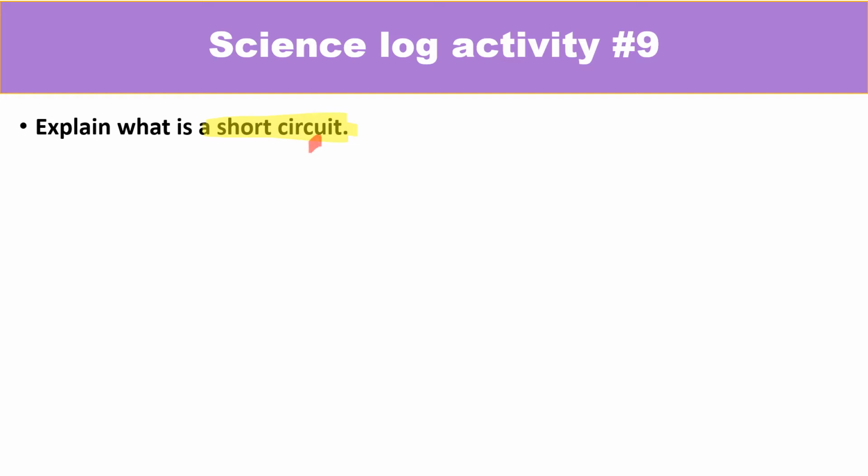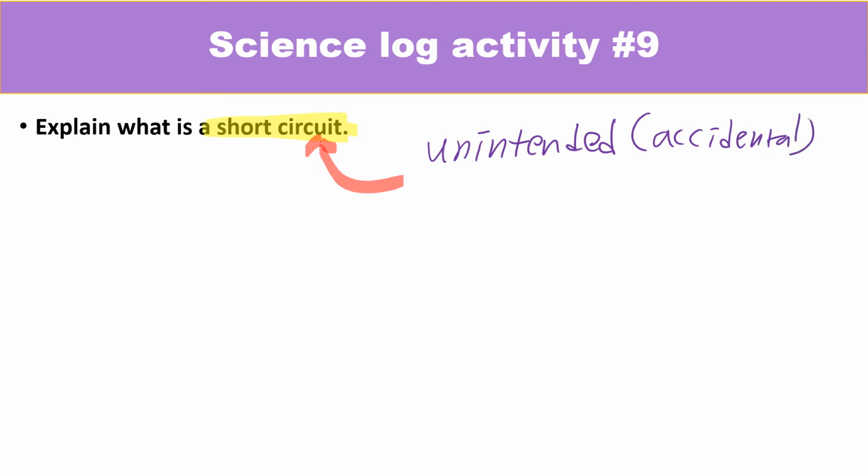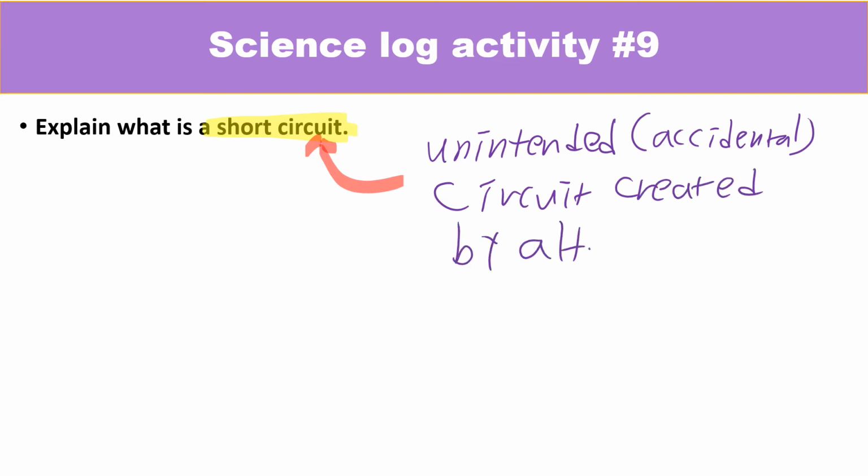I like to say short circuit is unintended, most of the time if it's safety related, accidental circuit created by alternative paths. Most of the time you have one path.